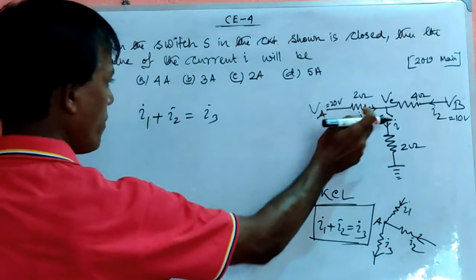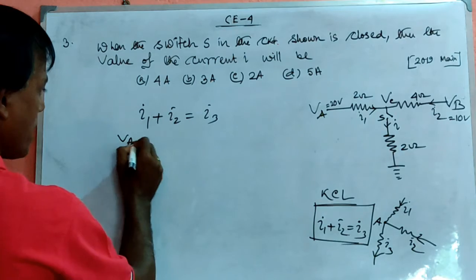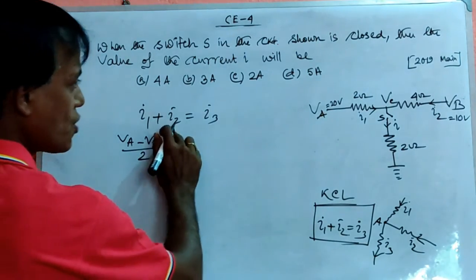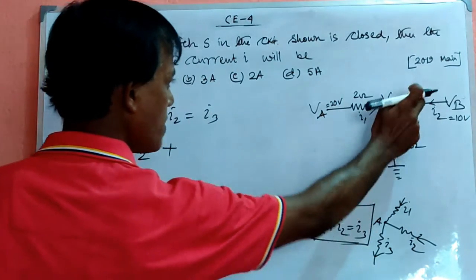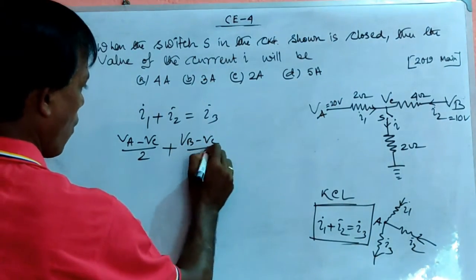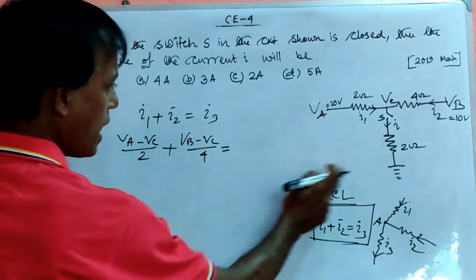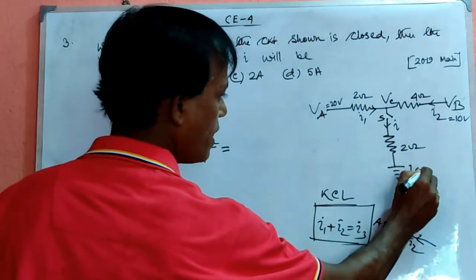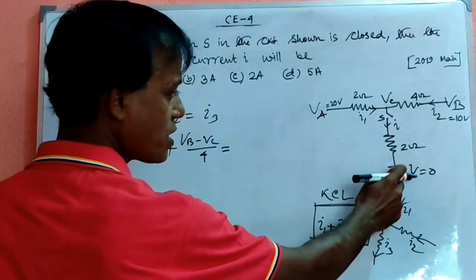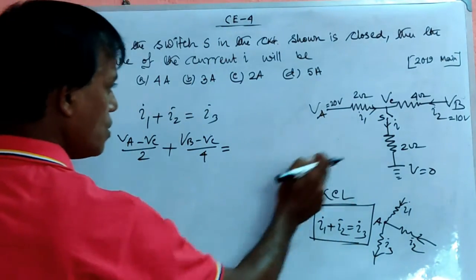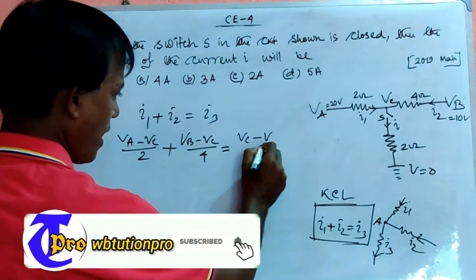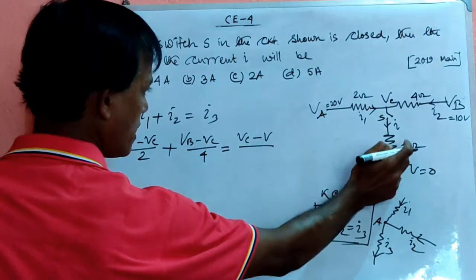Now I1 means (VA minus VC) by 2, plus I2 (VB minus VC) by 4, is equal to I3. Here VB is equal to 0 because it is connected to ground, so the potential of the ground is 0. So (VC minus 0) by 2, that is 2 ohm.